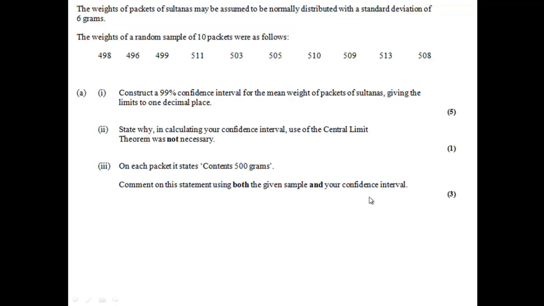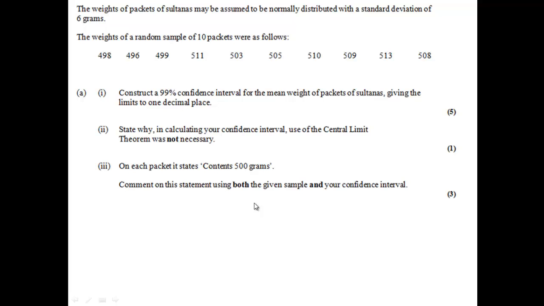It then says, and your confidence interval. Well, as far as the confidence interval was concerned, we would expect sample means 99% of the time to fall between 500.3 and 510.1. That was our confidence interval. So that justifies the claim that 500 would be exceeded according to the confidence interval.